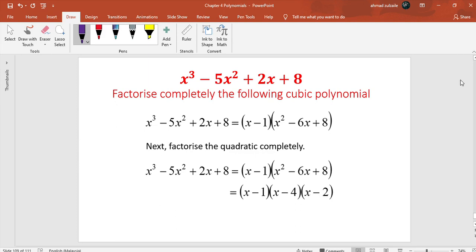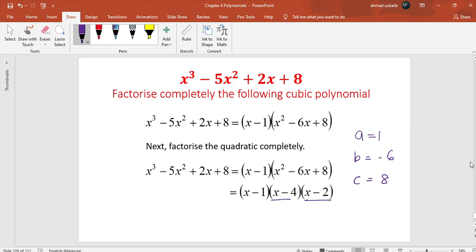So now, substitute your values into your calculator to determine the remaining factors. Use the mode of EQN with degree 2. You substitute A equal to 1, B equal to negative 6, and C equal to 8. After you substitute, I believe your calculator will give you these two factors.